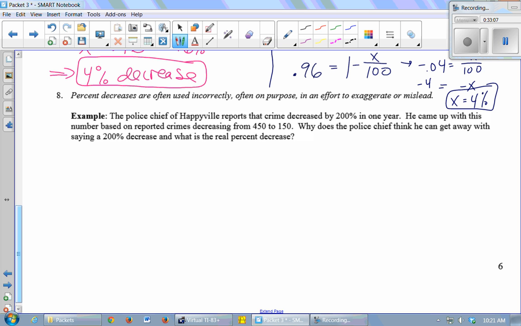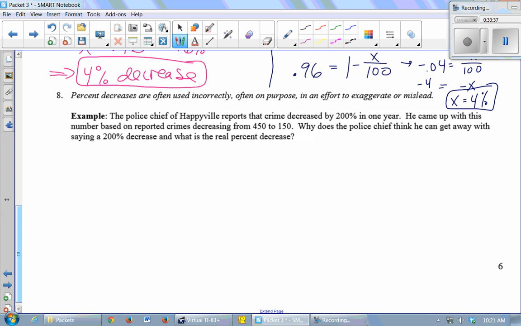The police chief of Happyville reports that crime decreased by 200% in 1 year. Before you continue reading, you should be very skeptical. How much could something possibly decrease by? 100%. If it decreases by 100%, it is completely gone. You took all of it and threw it away. So if you decrease by 200%, we now have negative crime. I mean, are people walking around doing random acts of kindness? I don't know.